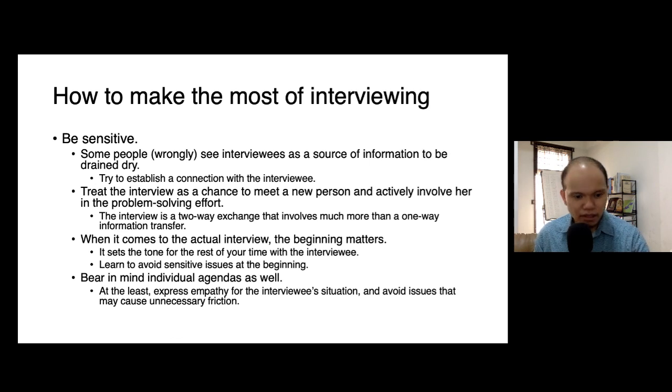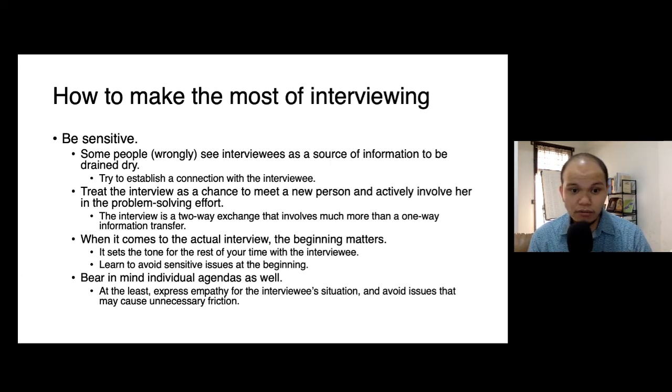It's really to build relationships. It's a two-way exchange that involves more than one-way information transfer. Sometimes in interviewing, while you want to gather data from them, it is also helpful that you give them something. You give them some information that might even be helpful for them. That's not a problem. So that's how we can do it as well.